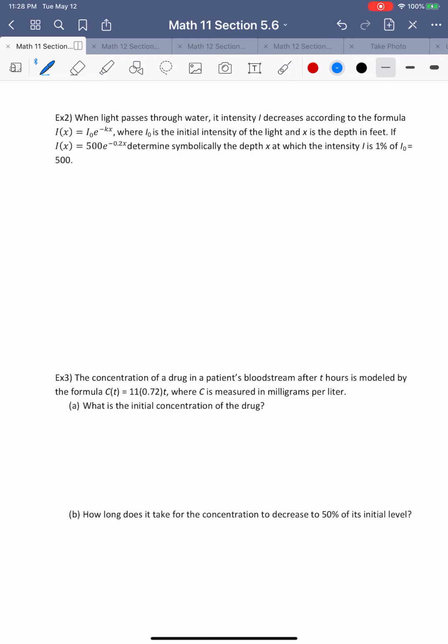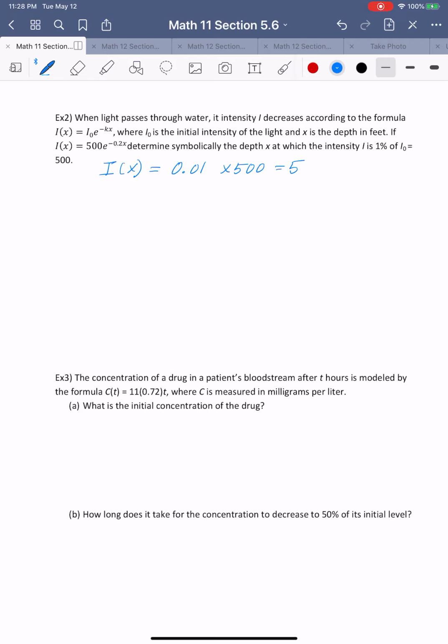If I of x is 500 times e to the negative 0.2x, determine symbolically the depth x at which the intensity is 1% of I sub 0, which is 500. So we need to find 0.01 of 500, which becomes 5.